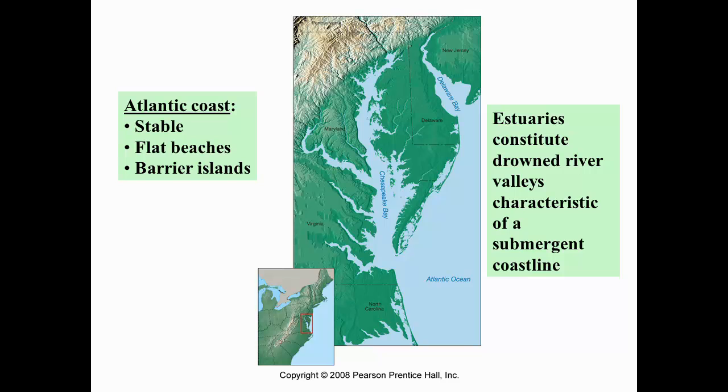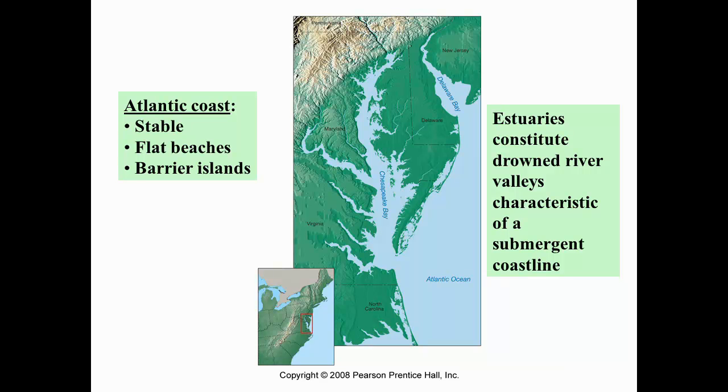Here, for an example, are several estuaries located along the Atlantic coast, such as Delaware Bay and Chesapeake Bay. And estuaries basically constitute drowned river valleys that are characteristic of coastlines that are gradually sinking or being overtaken by the ocean.